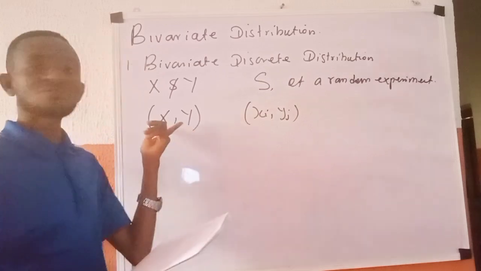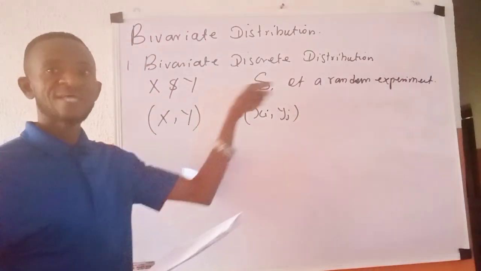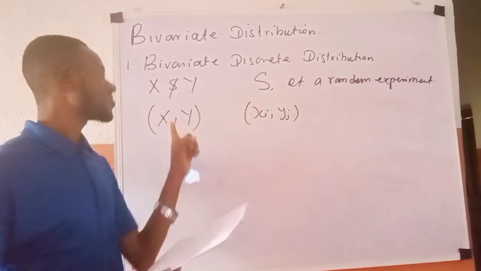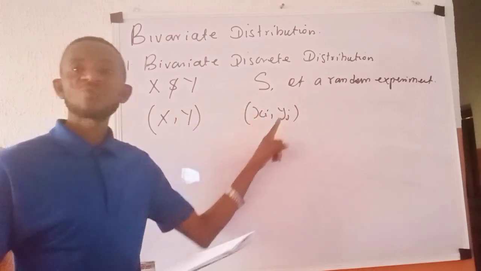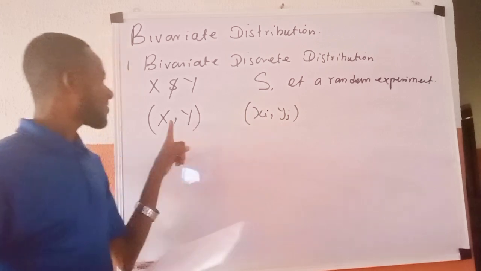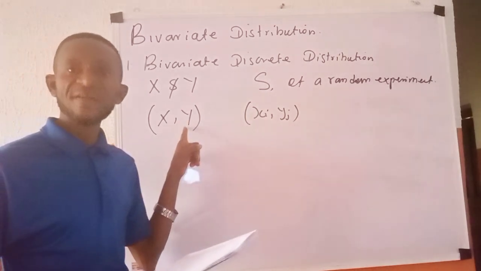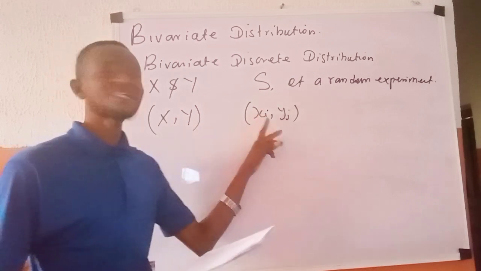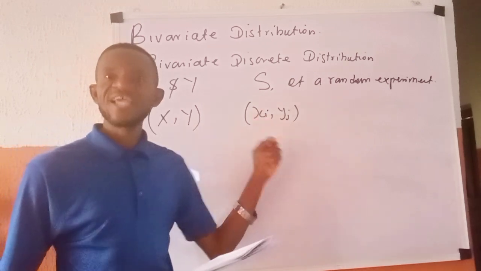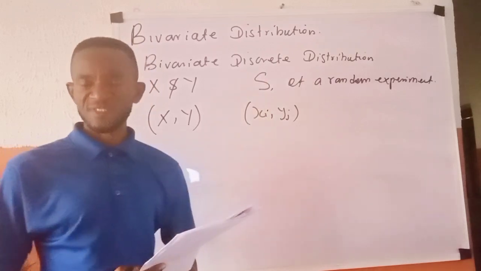Then a function (X, Y) is also defined on that sample space, such that this function takes a value (xi, yj). This capital (X, Y) is defined as a bivariate or a two-dimensional random variable, while this (xi, yj) is the outcome of this function on that sample space.